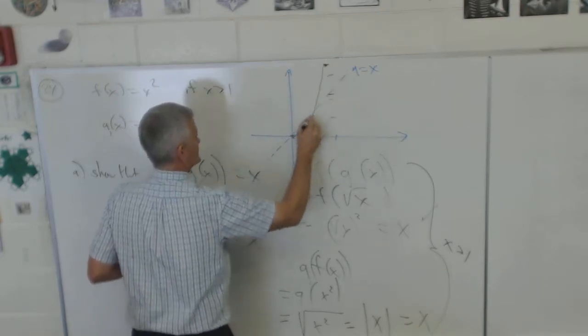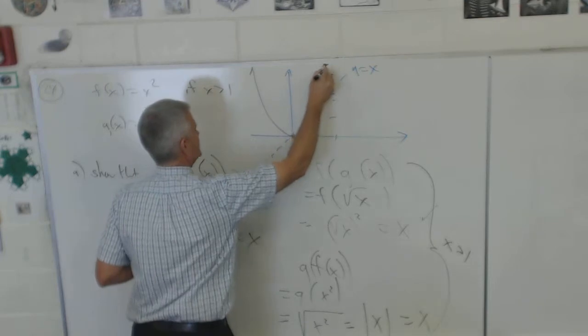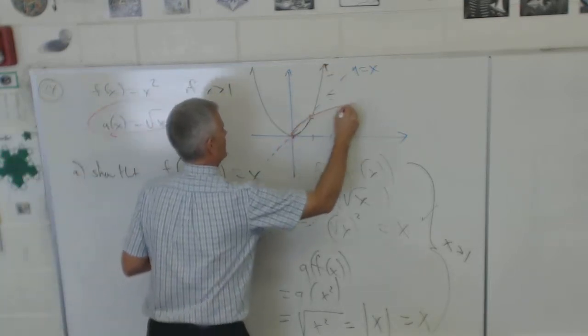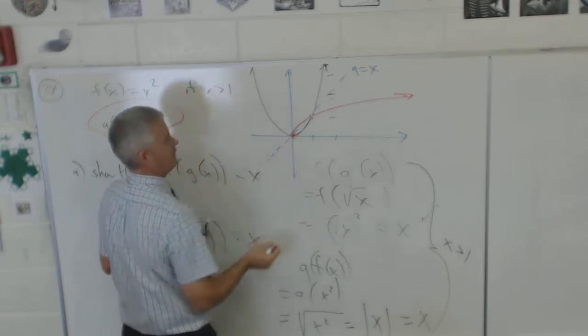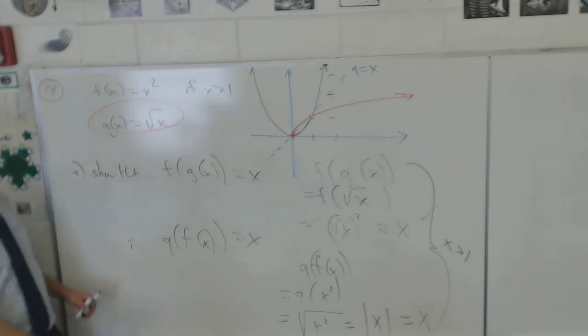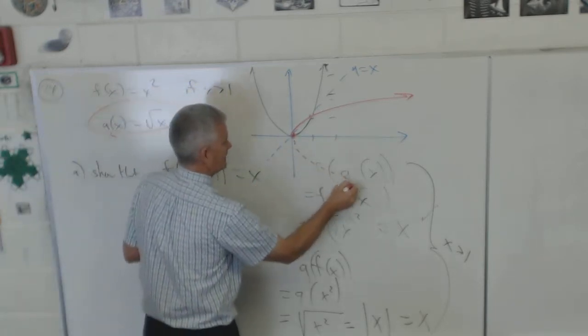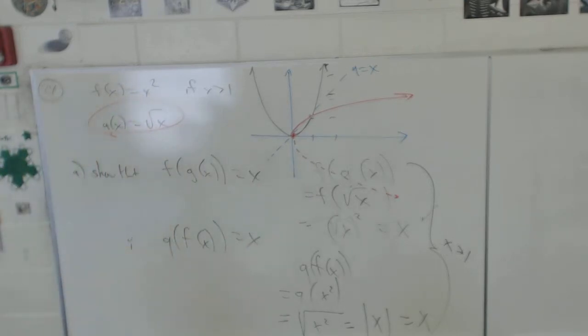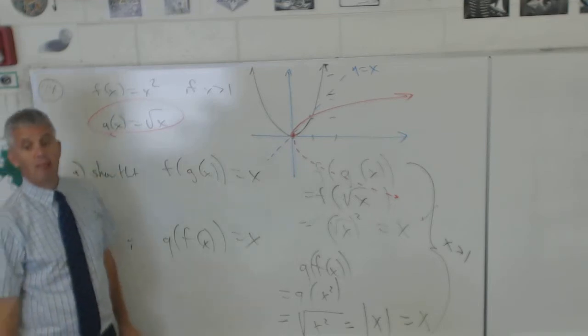It looks like this parabola. And g of x I'll do in red is the square root curve. Was the red the reflection of the black across the blue line? No, it's missing the bottom half of the parabola. So these are not inverse functions.